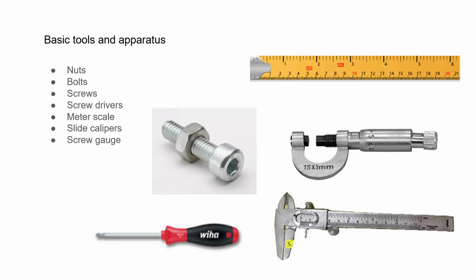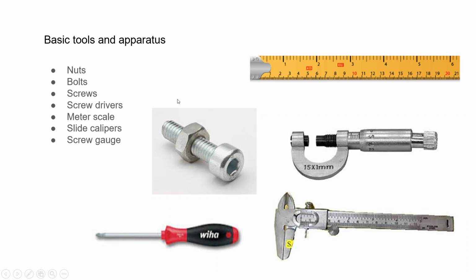In this week's lecture, the sir mainly taught about basic tools and apparatus that we see in any experimental lab. He talked about nuts, bolts, screws, screwdrivers, meter scale, slide caliper, screw gauge.